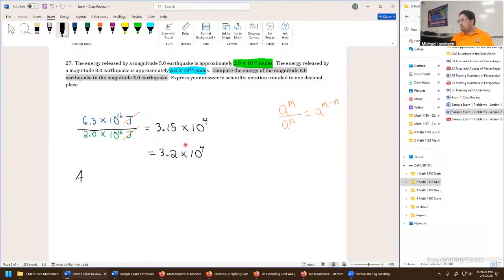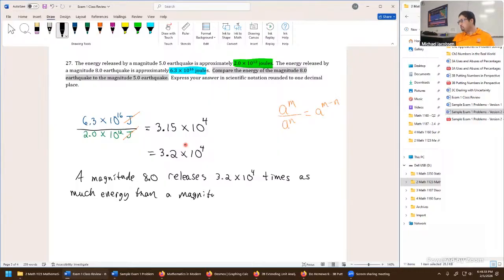We can say a magnitude 8.0 releases 3.2 times 10 to the power 4 times as much energy as a magnitude 5.0 earthquake. So that's a conclusion on that one there.